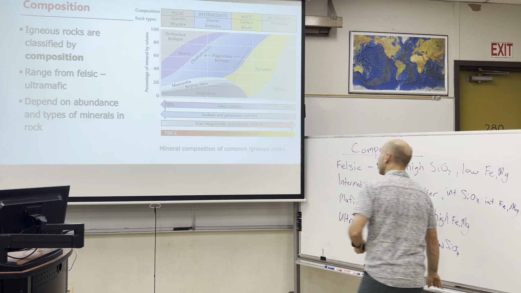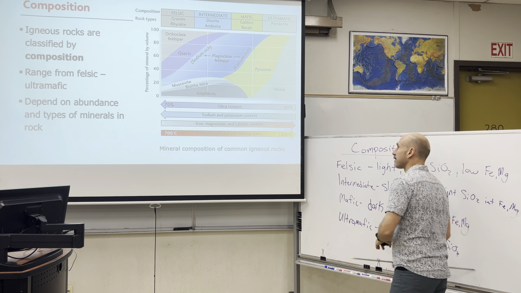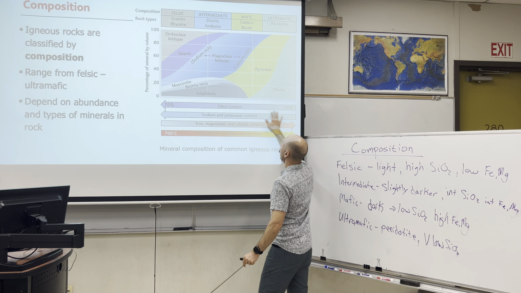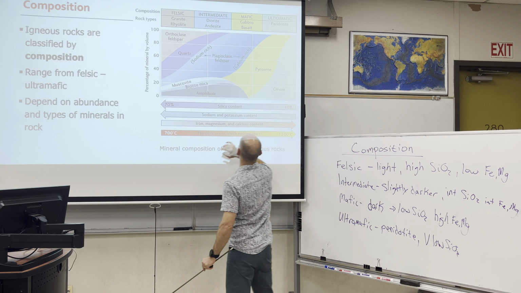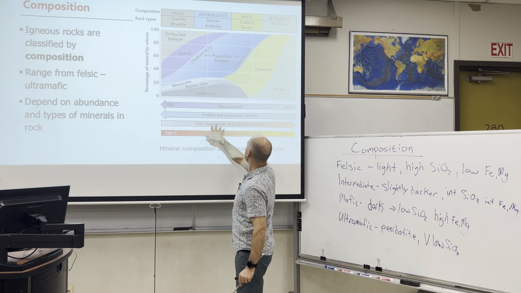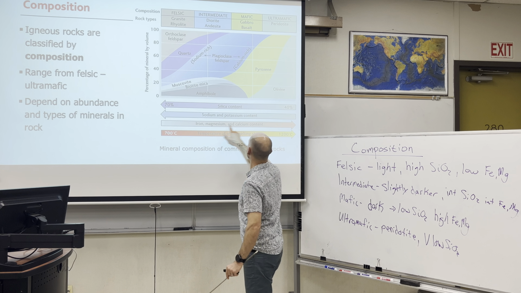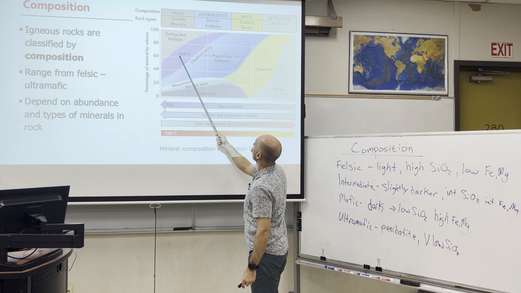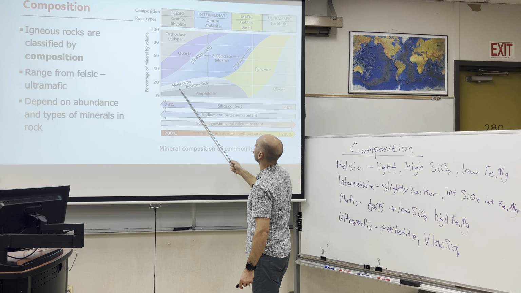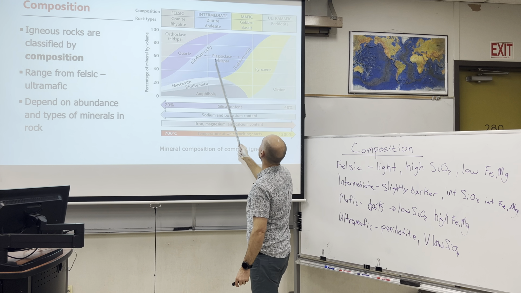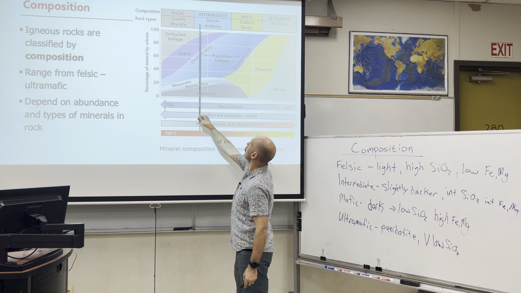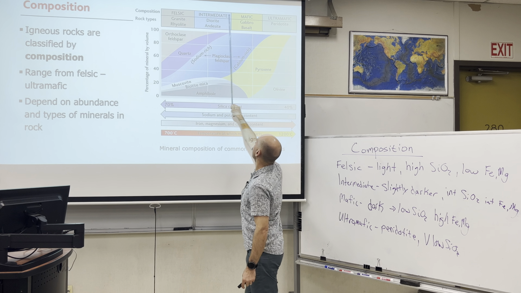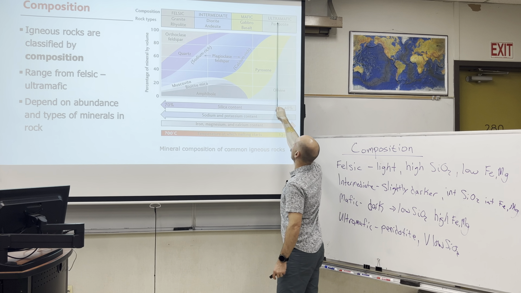This is a really cool graph, figure, that shows a lot. Silica content from low to high. Iron and magnesium from low to high. Minerals: feldspar, quartz, another feldspar, muscovite, biotite, amphibole, pyroxene, olivine. Compositions: felsic, intermediate, mafic, ultramafic.